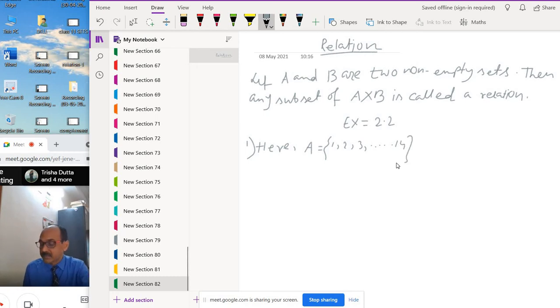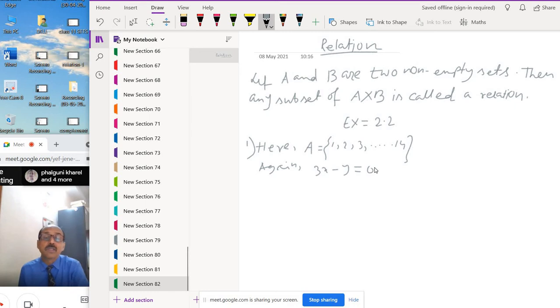This is set A. And the condition is 3x minus y equals 0. We have to apply this condition.